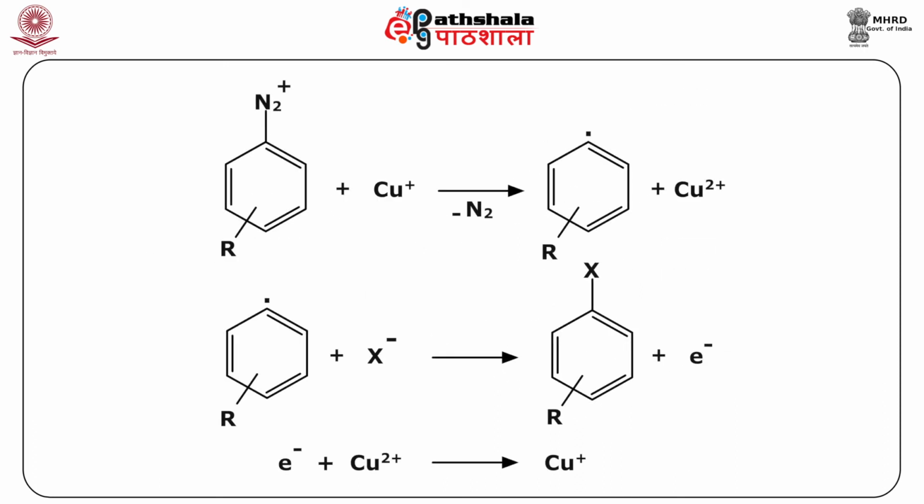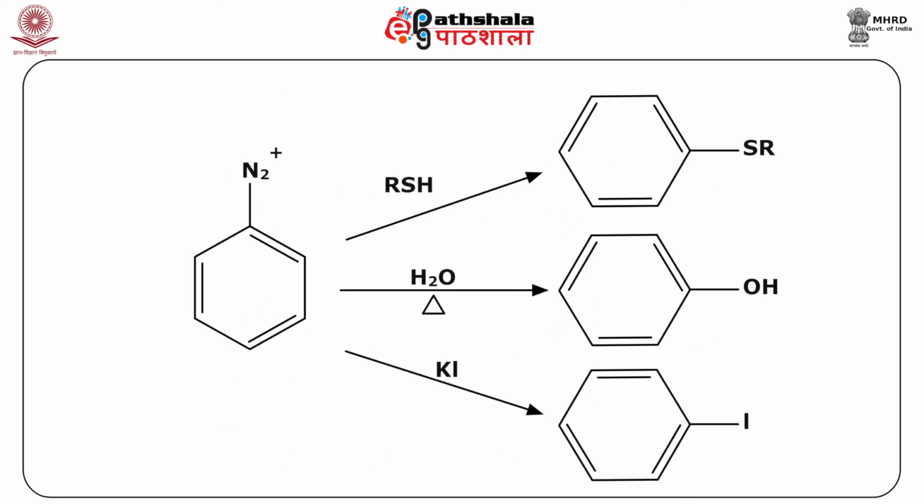The mechanism is explicitly shown in the various steps. Sandmeyer reactions, as discussed above, require a catalyst of copper plus ions, but the Sandmeyer type reactions with thiols, water and potassium iodide don't require the catalysis.